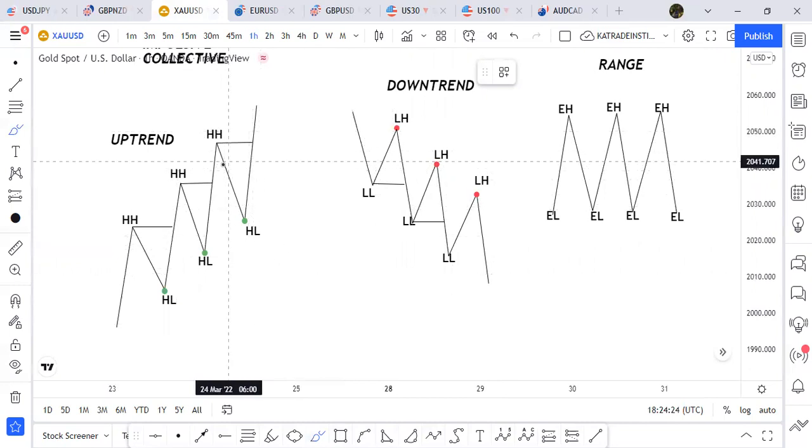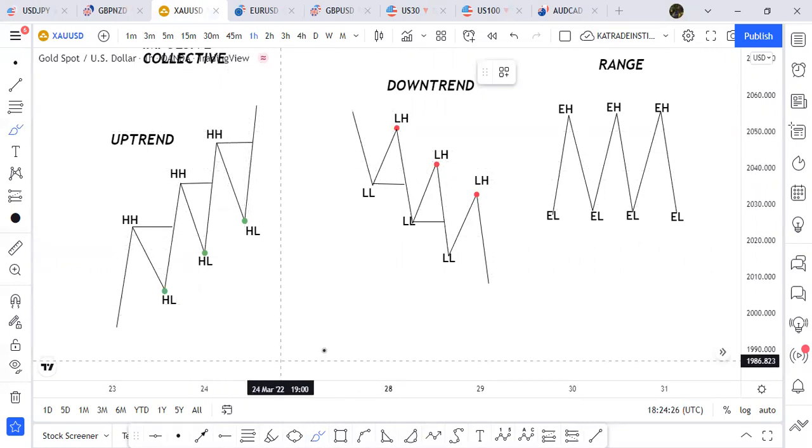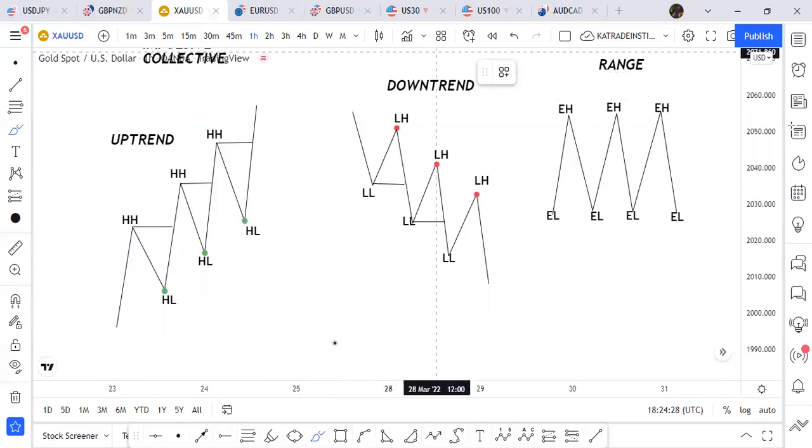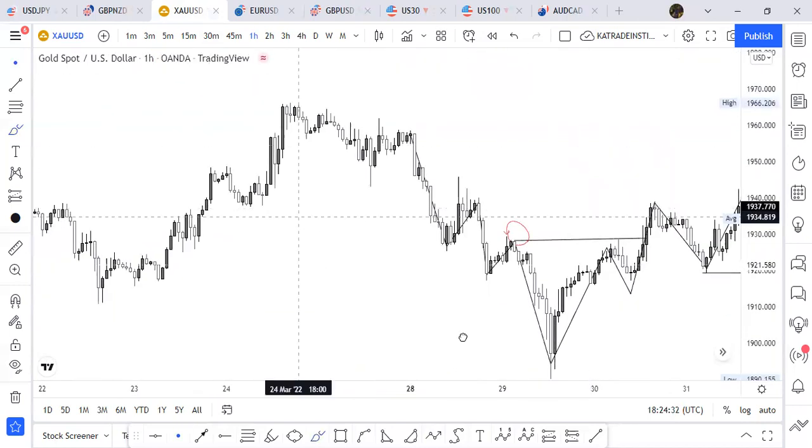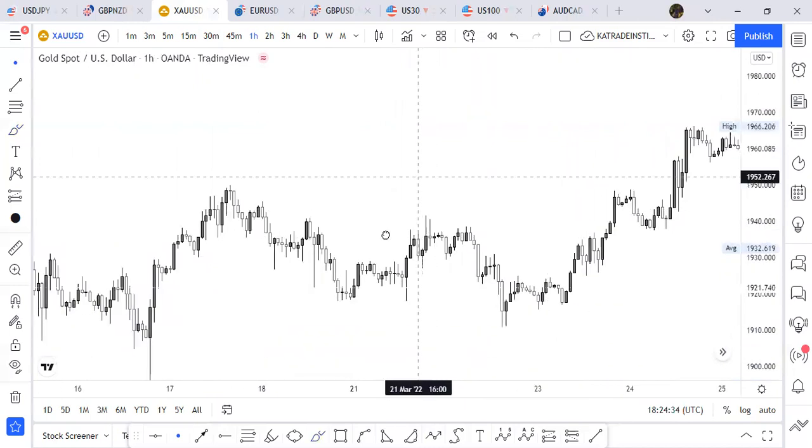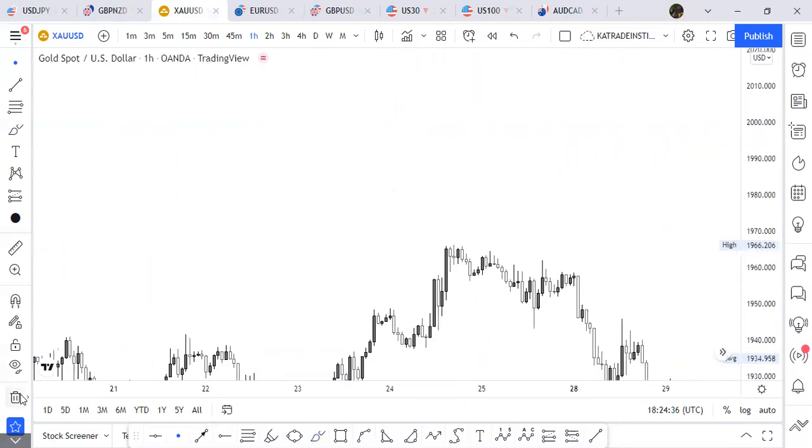So if price is pushing to the upside, because sometimes, let me give you a typical example from the chart.